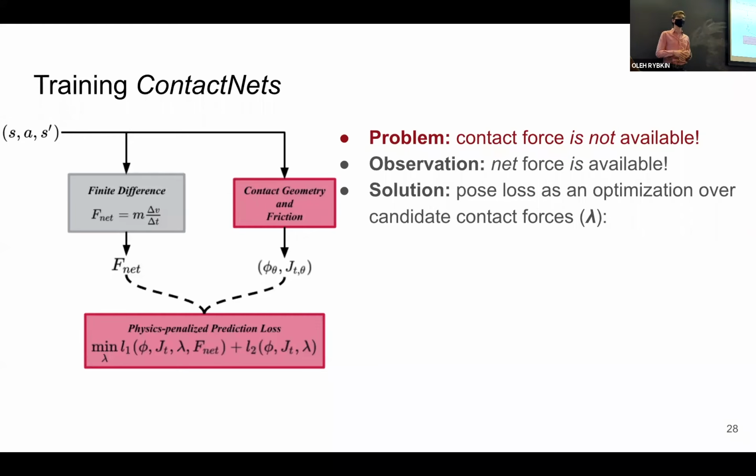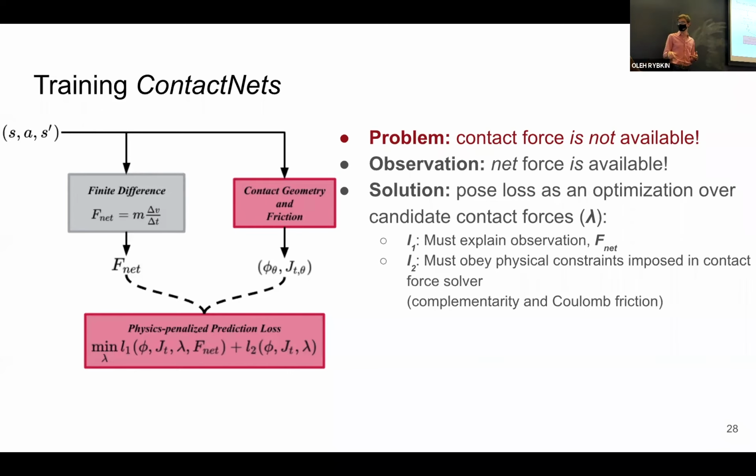Instead, we don't know what the contact forces are, and we're going to make a lighter claim: there should exist some contact forces which both cause the next state to happen, so the contact forces add up to the right net force to take S to S prime, and secondly, those contact forces must obey the physics laws of contact. So if our model says the distance between two bodies is large, then the contact forces cannot be large as well. And we have some similar constructions that can handle friction.